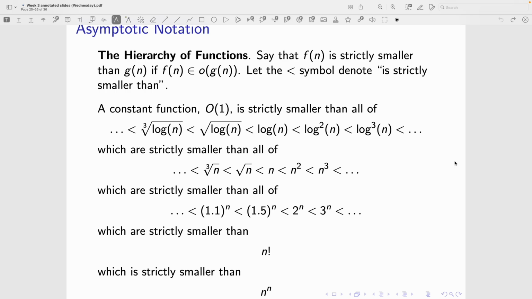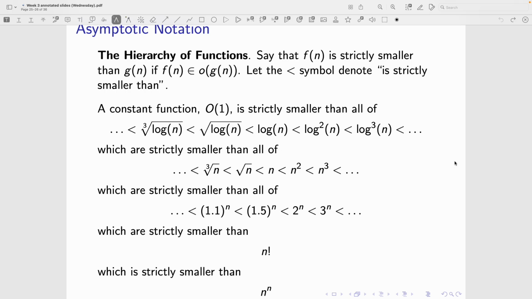Likewise, the same relationship that exists from constants to logarithms exists for logarithms to n raised to any constant power. So this includes square roots and the nth roots and the exponents you're all familiar with.